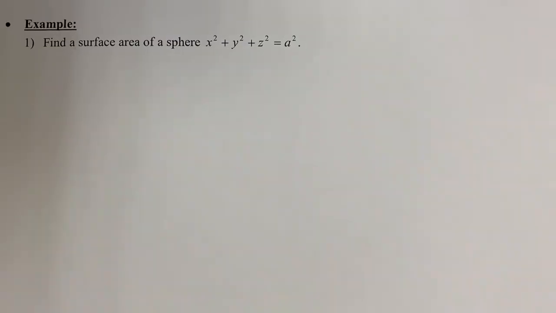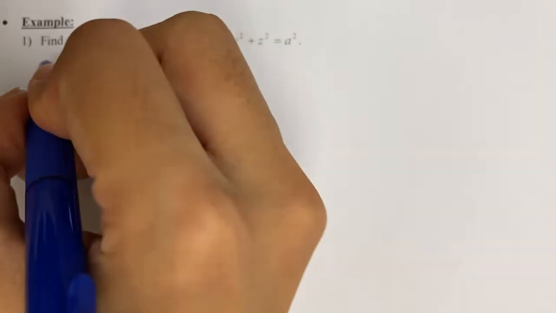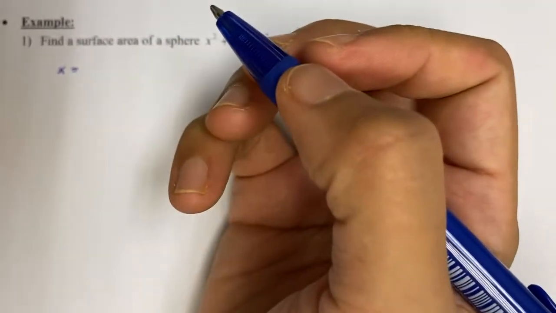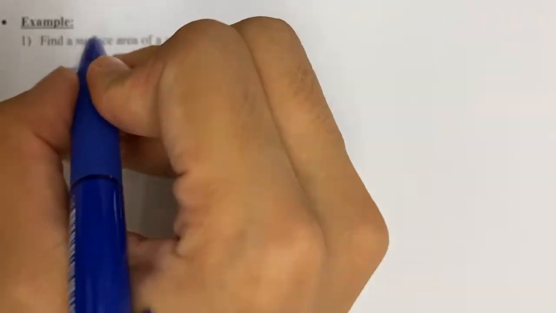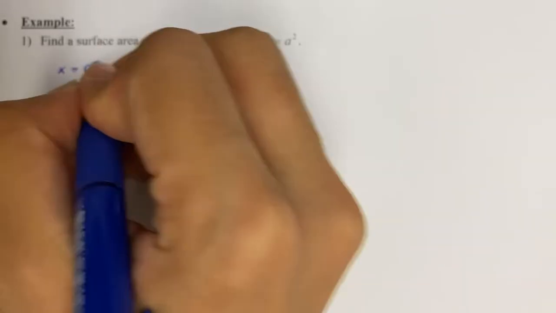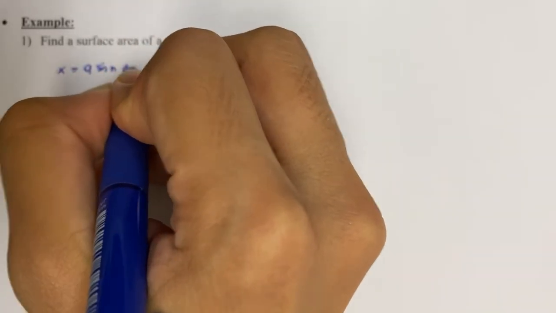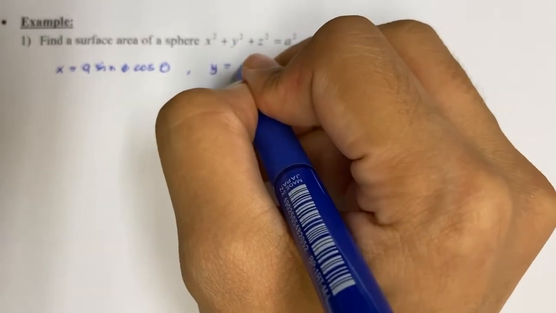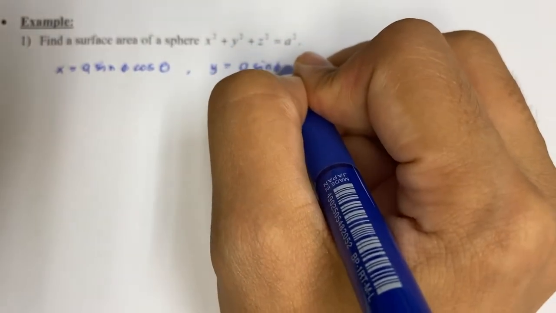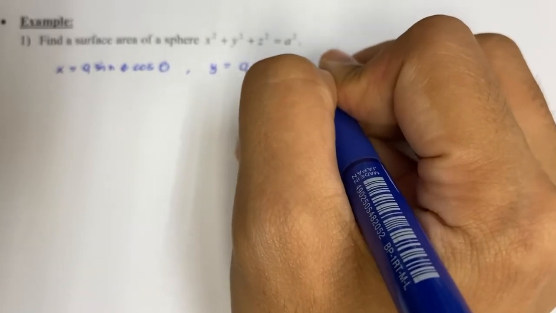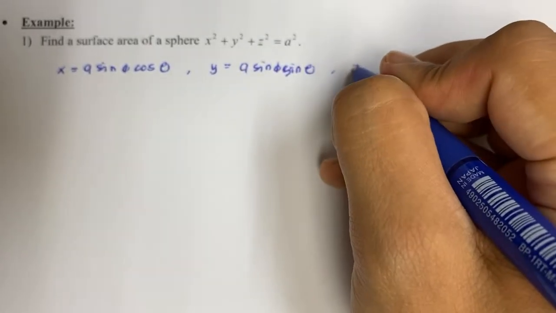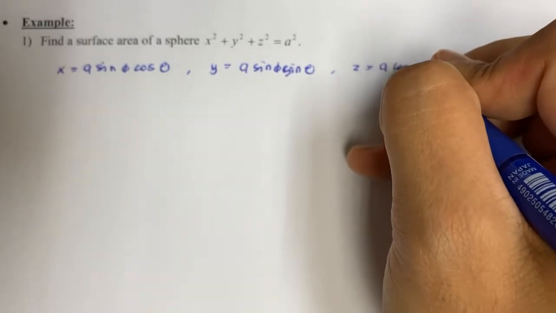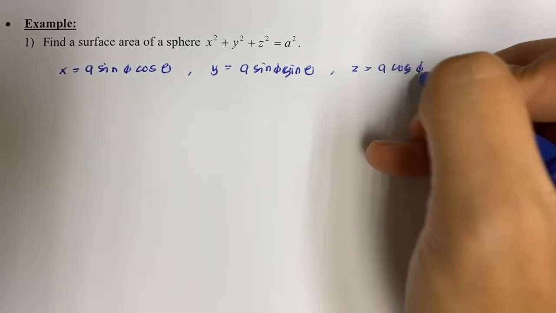We have two examples. Okay, the first one, find a surface area of a sphere. Okay, for a sphere, we know the parametric representation: x is equal to a sin psi cos theta, y is equal to a sin psi sin theta, and z is equal to a cos psi.